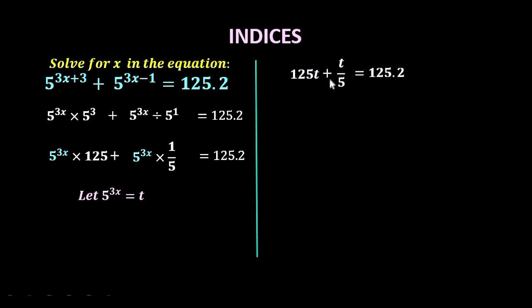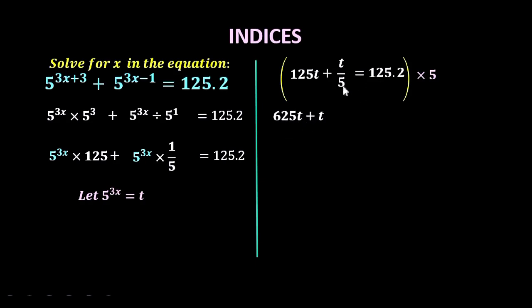So for this equation, we are going to multiply all through by 5, which is the LCM, in order to eliminate this fraction. When we multiply the left hand side, we have 625t plus t. That is 125t times 5, that is 625t.